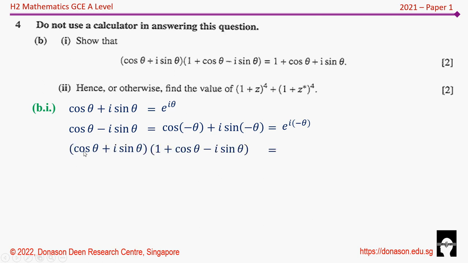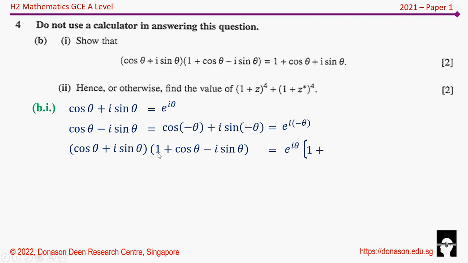Now we are told to take cos theta plus i sin theta multiplied by 1 plus cos theta minus i sin theta. Whatever we expressed in exponential form, let us substitute that. So the first bracket I'm going to replace with e to the power of i theta, because that is what it is.